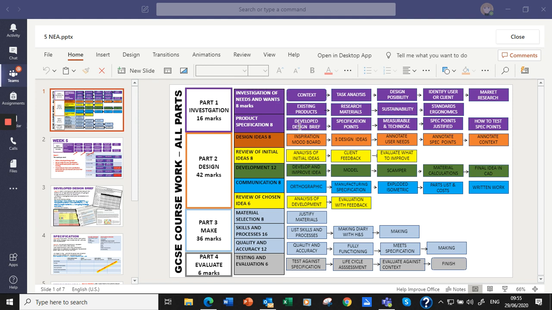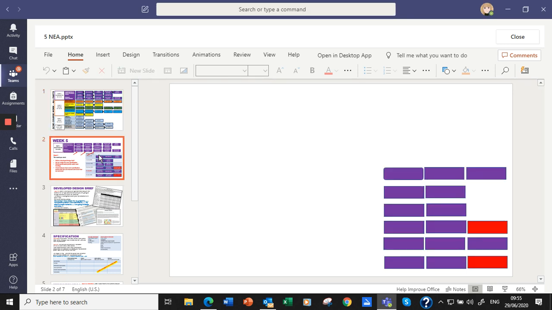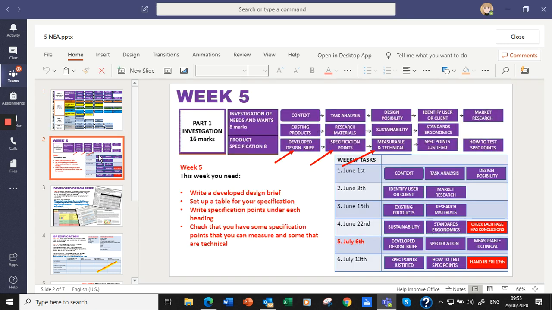We're now moving on to the bottom row, which is looking at creating a design brief and our specification. So the second slide shows you exactly what I have just talked about. You can see here we're on the develop design brief, and the specification point is what we're looking at. We're almost on the penultimate week down here.